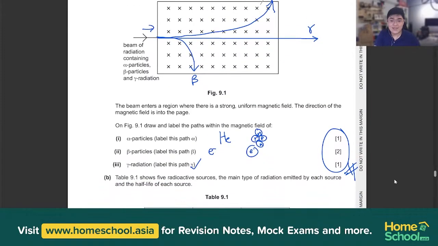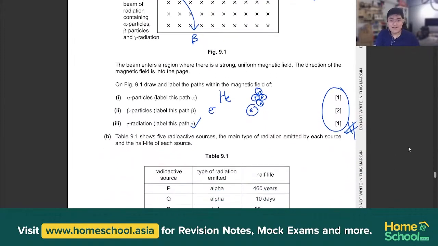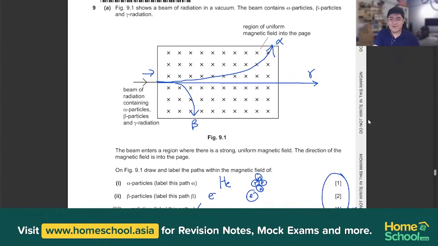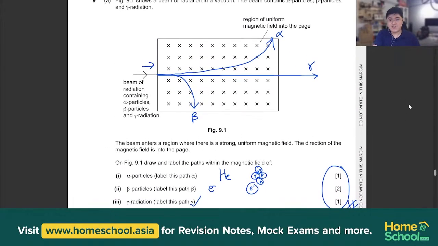Okay, fantastic. So just remember, another trick to know for this kind of question is that gamma radiation will not be affected by any electric field nor any magnetic field. The alpha particle will go in one direction, while the beta particle will always go in the opposite direction.